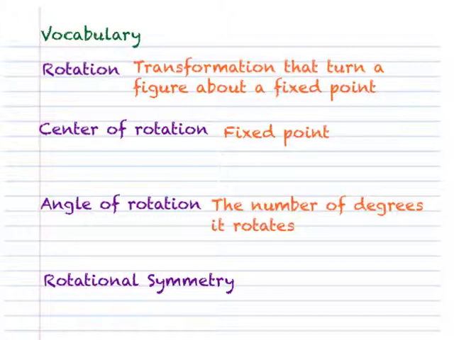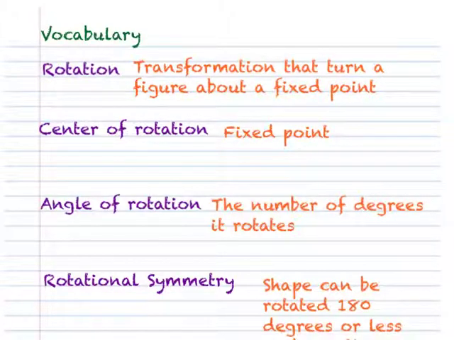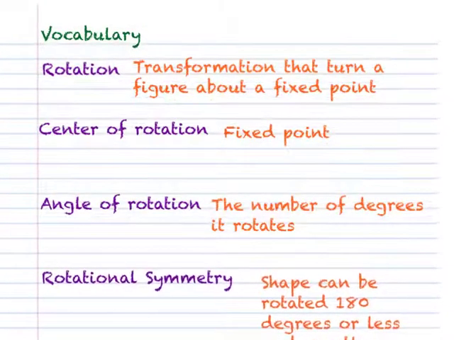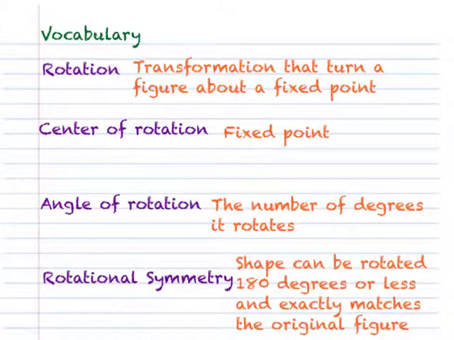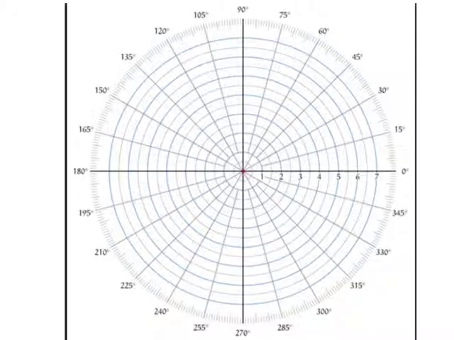And after I rotate it, it exactly matches the original figure. So you can't tell if I rotated it or if I just copied it down. So rotational symmetry is just that. The shape can be rotated 180 degrees or less, and it exactly matches the original figure.